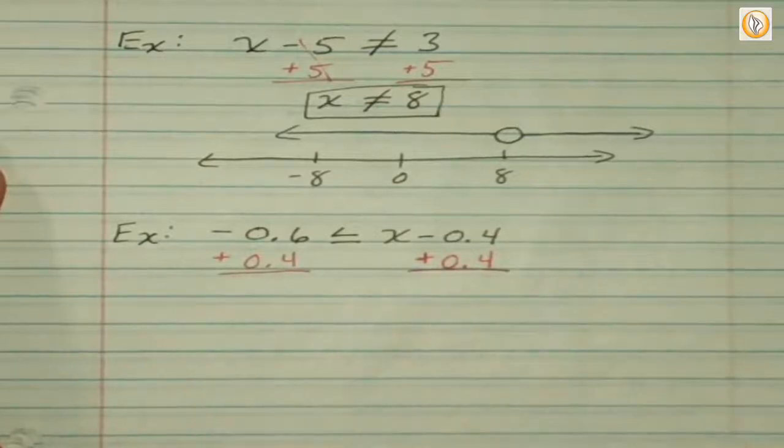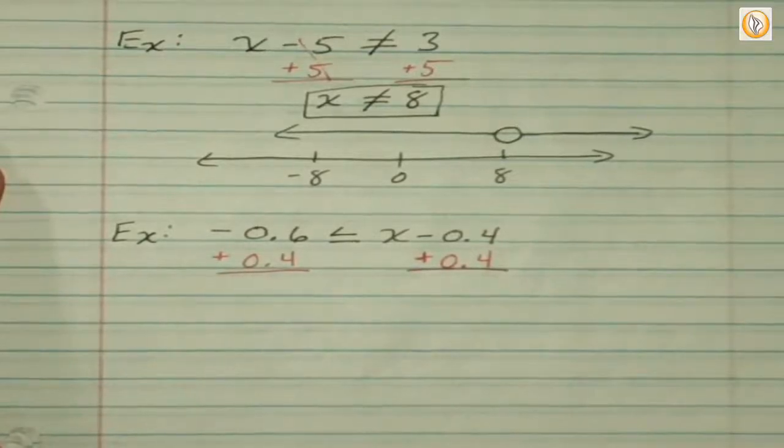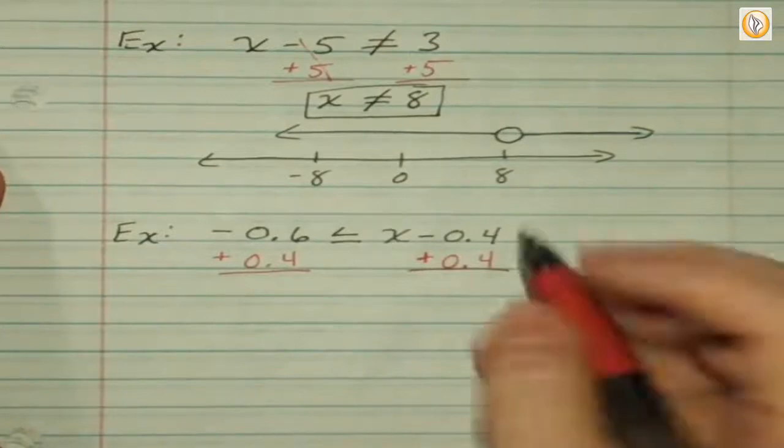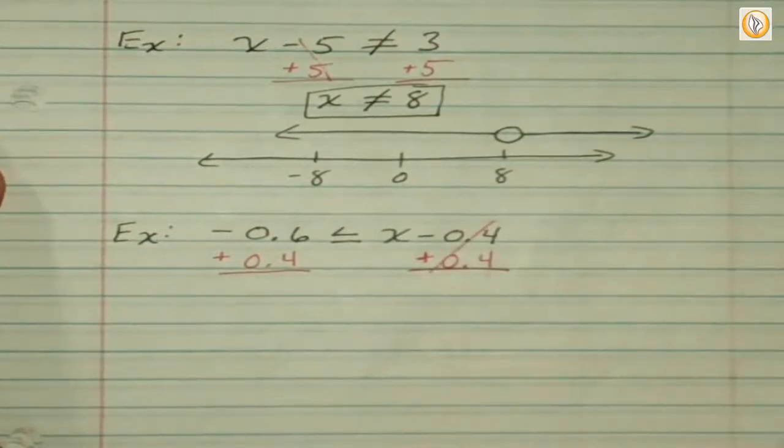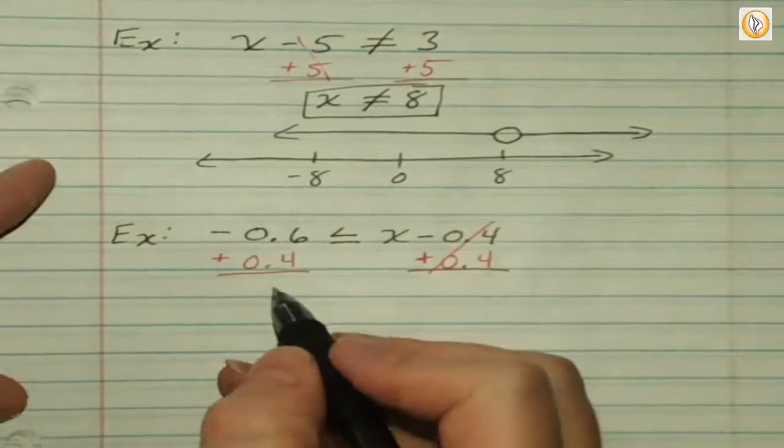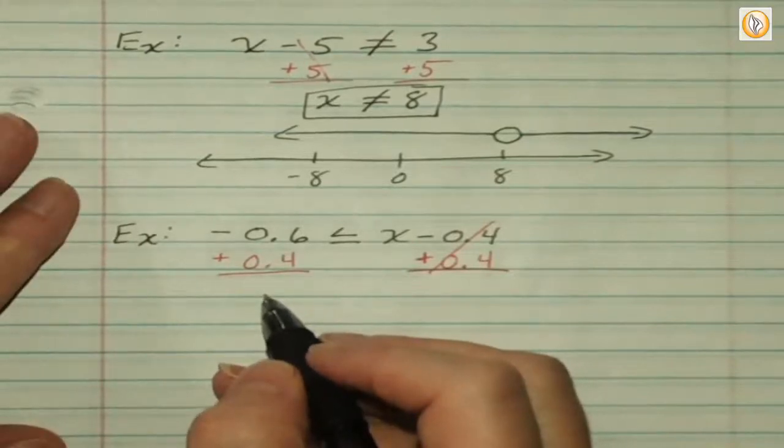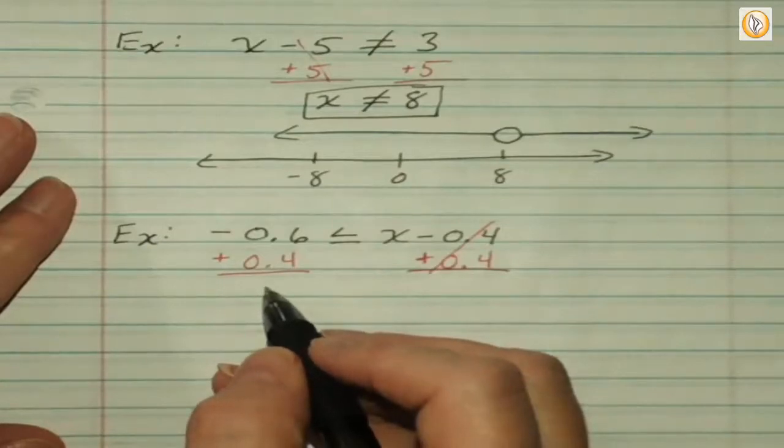And when you're adding and subtracting, we do what, Taylor, to the decimals? Line them up. Okay, so what do you get here? 0.2 is less than or equal to X.